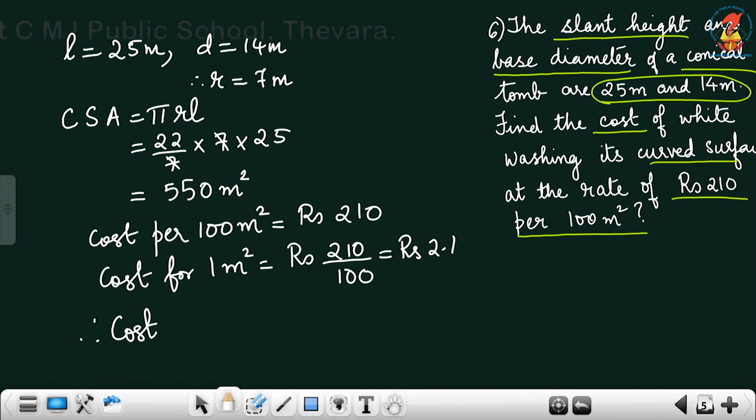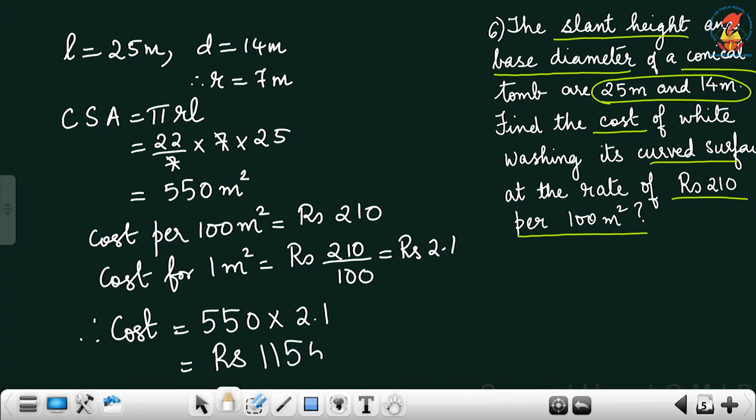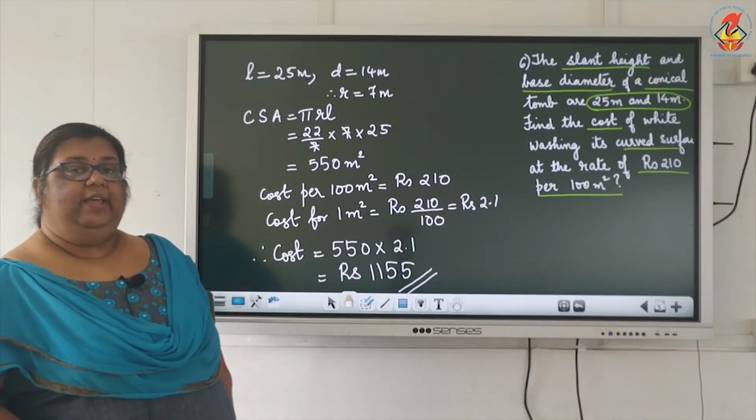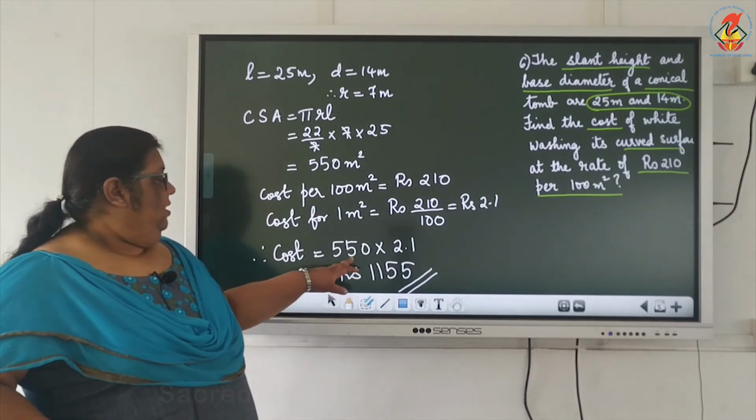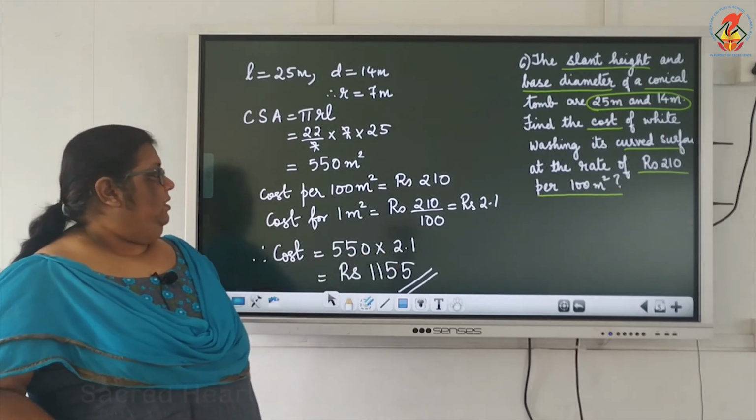Therefore, total cost is equal to 550 into 2.1 rupees, which is equal to, children, you need to multiply 550 into 2.1 and you will get the answer as rupees 1155. So total cost will be always CSA into cost per meter square.